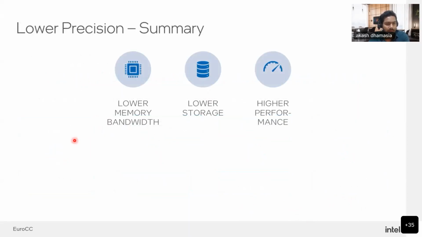So in summary, according to your data type, you can choose how much memory you need, or how you can lower your memory bandwidth. If your application is using floating point 32, you can change it to int8. From 32 bits to 8 bits is a tremendous amount of memory saving. It also uses lower storage and can give you higher performance. It speeds up your application because your application becomes smaller, and then it becomes faster in execution.